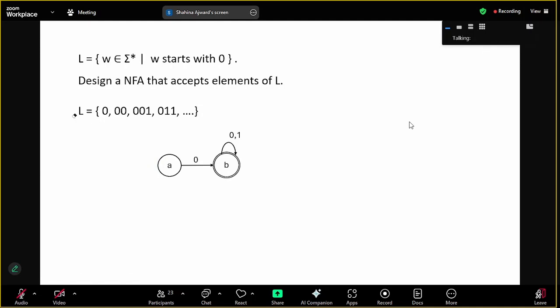The arrow head is too big. Anyway, usually we have a short, small arrow to represent the start state.